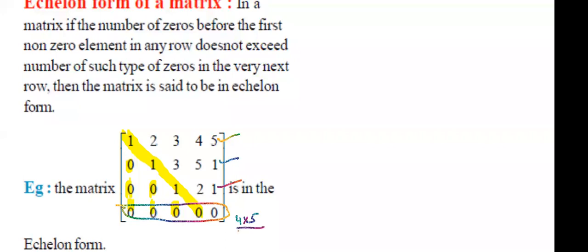To find the rank of a 4 by 5 matrix, first convert the matrix into echelon form. Then observe how many non-zero rows there are. That is the rank of the matrix. What is the rank of A here? How many non-zero rows are there? Only 3. So the rank of this matrix is 3.